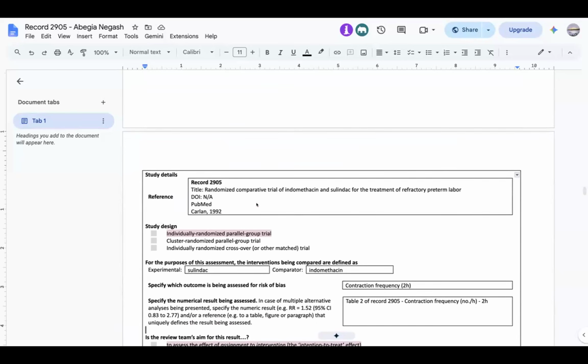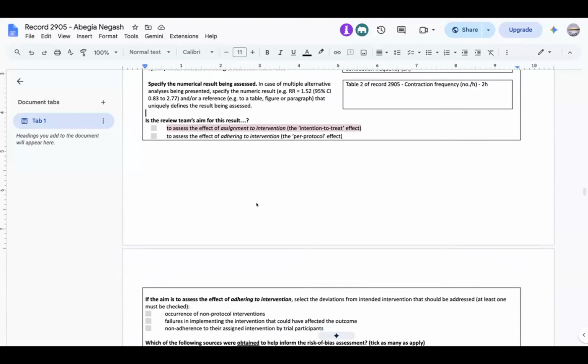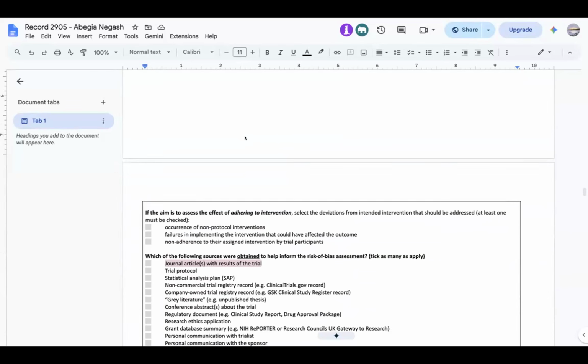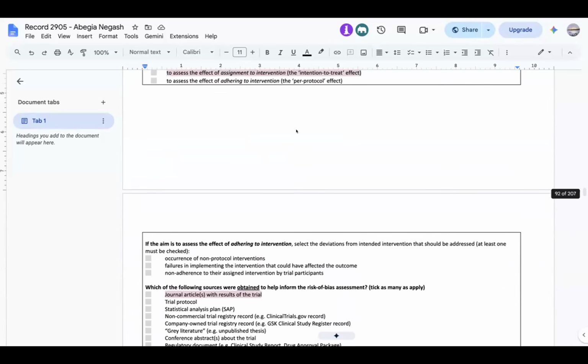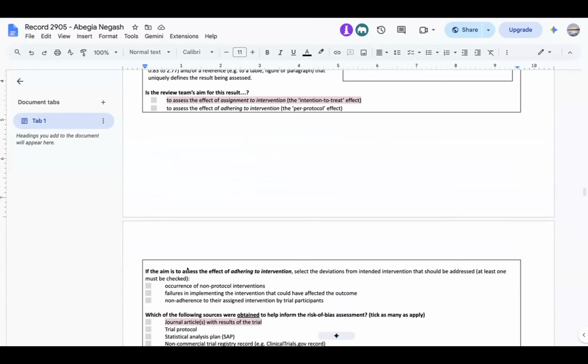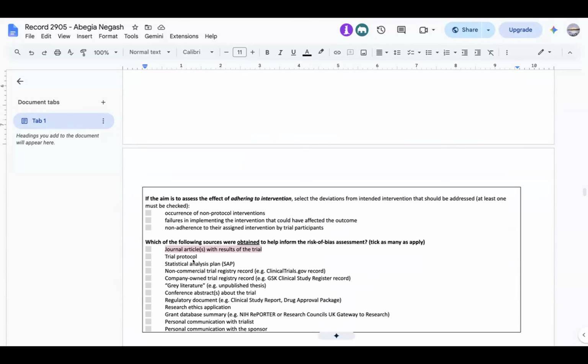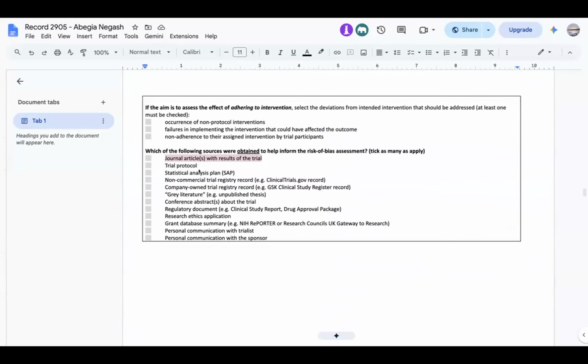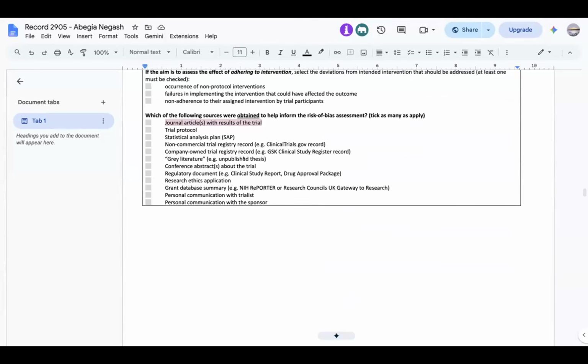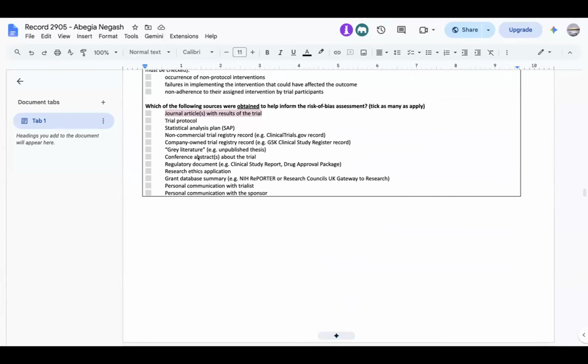Intention to treat. Okay. Since we went with intention to treat, we don't have to answer the next question. And then, which of the following sources were obtained to inform the risk of bias assessment? It'll be the journal. And did everybody get this as well? Yes.